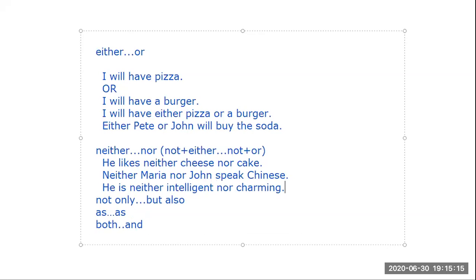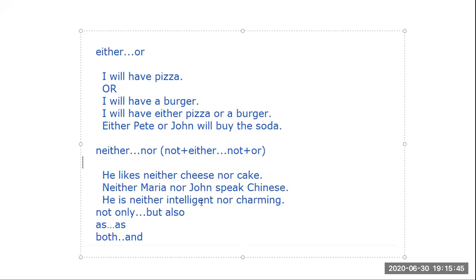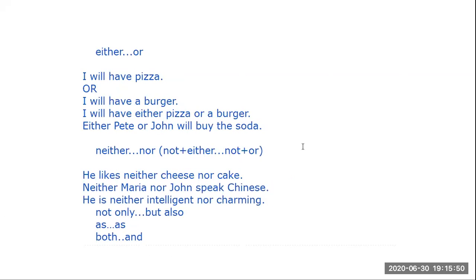You can use it for adjectives. So he's neither intelligent nor charming. So he's not intelligent, he's not charming, he's neither one nor the other. He's neither intelligent nor charming. Okay.